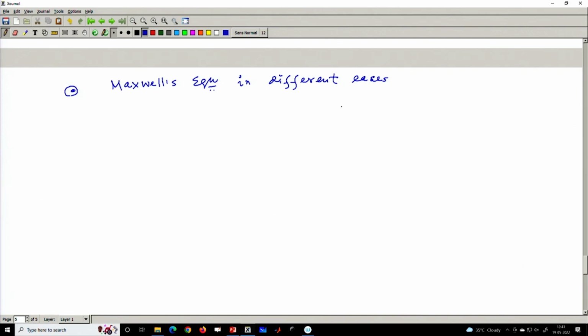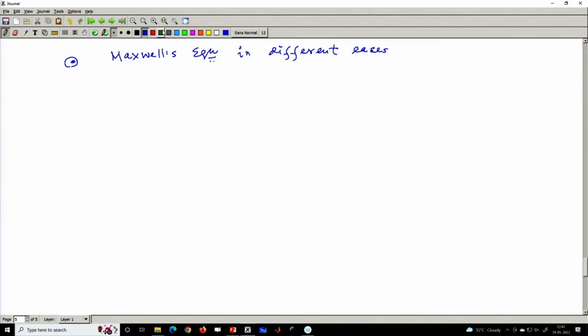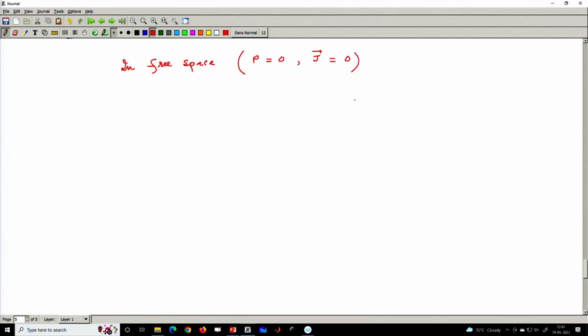So, the first one is the most simple one that we discussed. In the first case I write: in free space, or in vacuum. In free space, both the source terms rho and j are 0. That makes the equations even simpler.